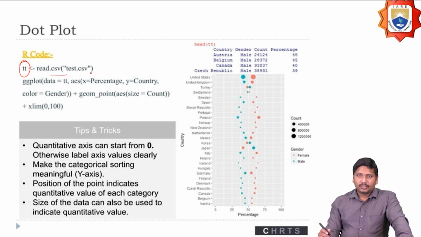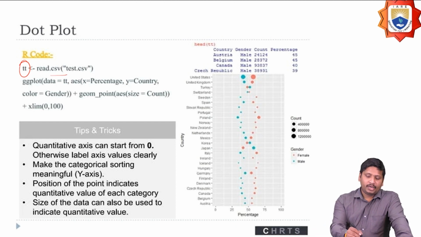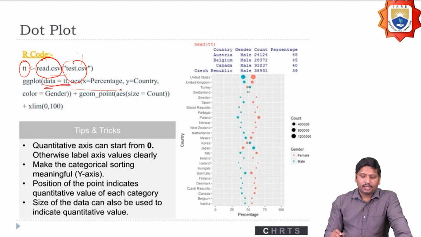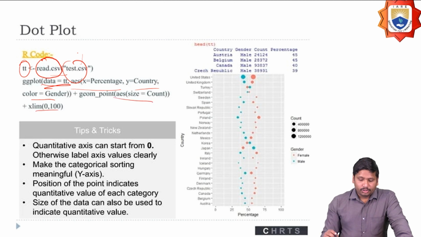I'm going to read the CSV, that should be an Excel file, which should be named test.csv. By making use of this read function, I'm going to read the CSV file test.csv, and ggplot is equal to data tt, x percentage, y country, and color, and then size values I'm going to take.